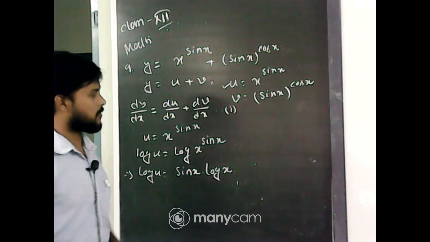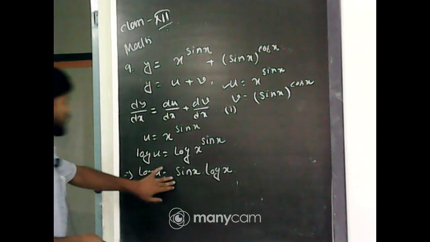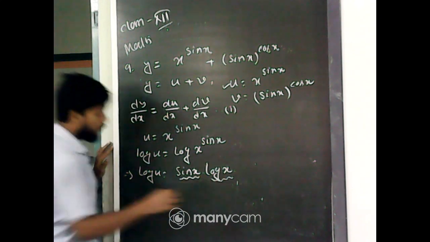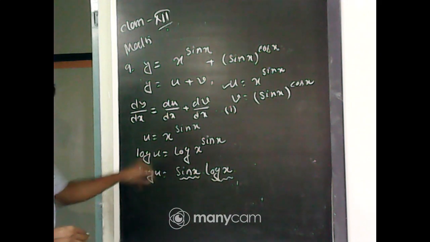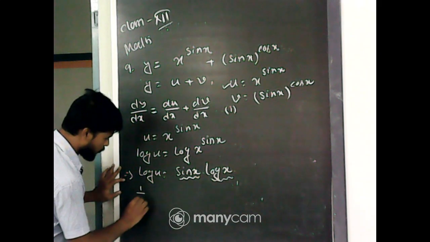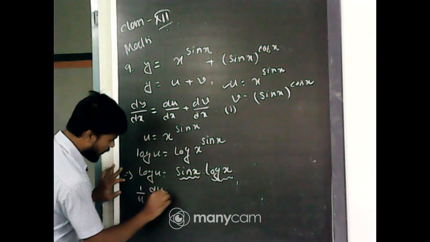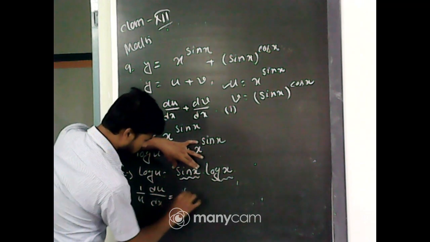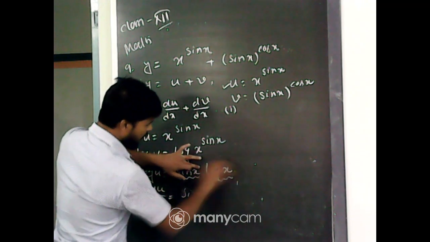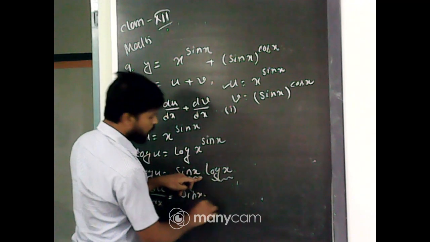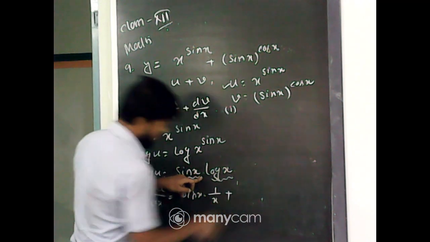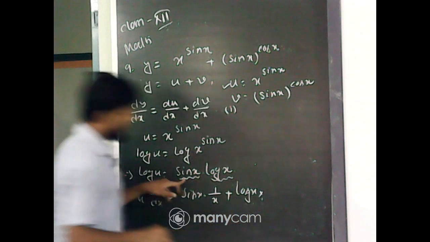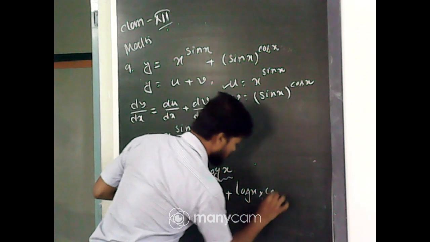Shreya, absolutely right. If I do the differentiation, this is actually a product of two functions. One function is sin x and one function is log x. Differentiating with respect to x, 1/u du/dx is equal to: the first function made constant, sin x into derivative of log x, which is 1/x, plus log x into derivative of sin x, which is cos x.